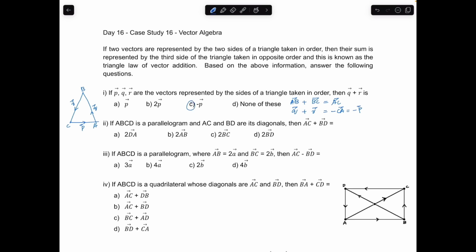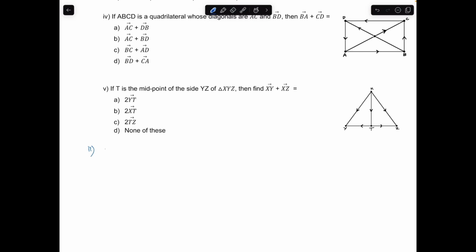Second subdivision: if ABCD is a parallelogram and AC and BD are its diagonals, then AC plus BD is equal to. In triangle ABC, AC vector is equal to AB vector plus BC vector.